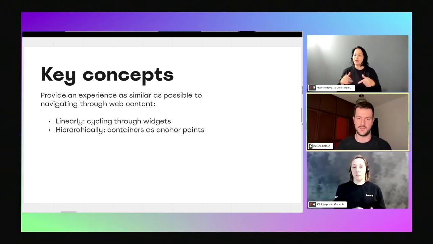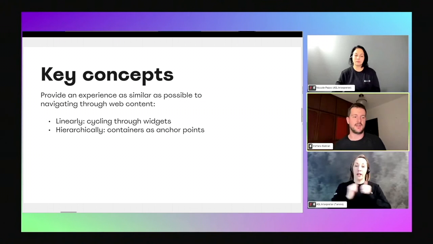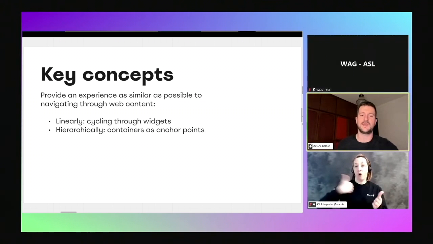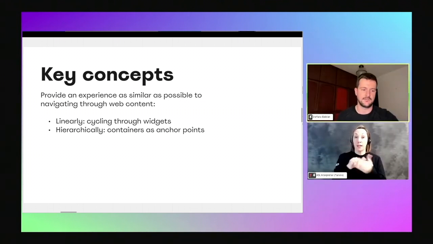We need to re-implement everything ourselves. And when doing that, we are taking heavy inspiration from the guidelines and principles that are already available for web content, and we are tweaking them to better suit our needs.